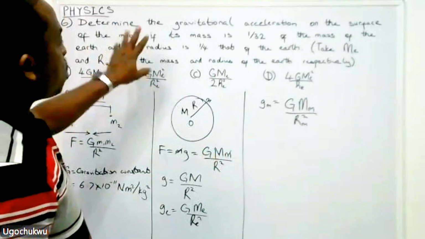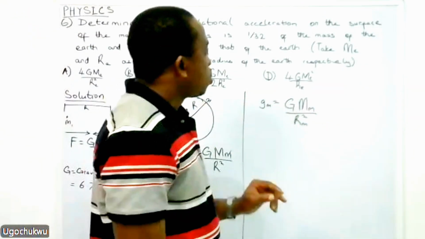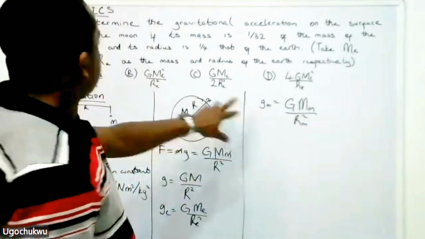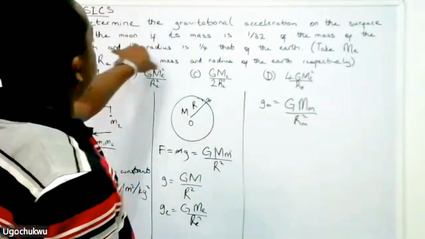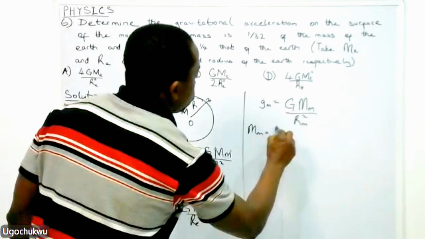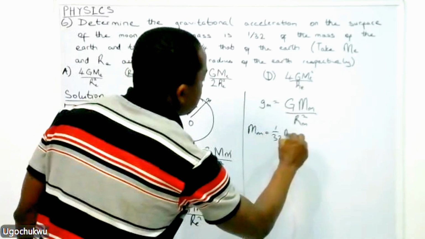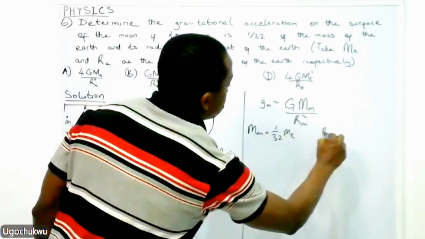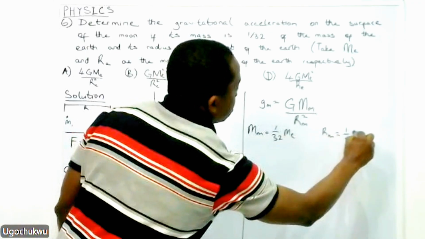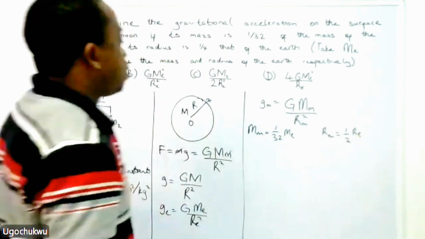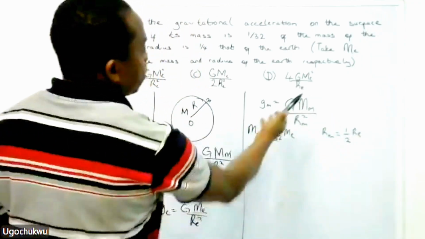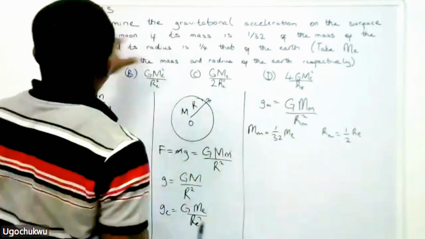But in our problem, we're not given the mass of the moon and radius of the moon. Instead, we're given that we should take the mass of the moon to be 1 over 32 of the mass of the Earth, so mass of the moon is equal to 1 over 32 mass of the Earth, and radius of the moon is 1/4 that of Earth. And so what we're going to do here is just substitute these values to find the gravitational acceleration on the surface of the moon.